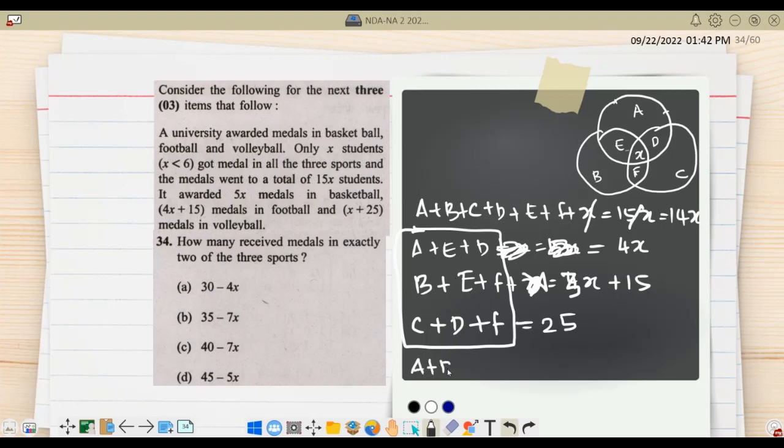So this is going to be A plus B plus C plus 2 into D plus E plus F. This is going to be equal to adding all this, 7X plus 40. Right. So from this, we're going to find what is D plus E plus F?